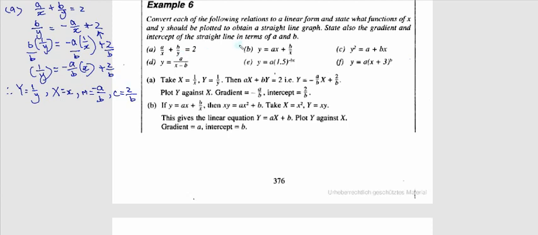Now, let's look at another one, b. Y equal to ax plus b over x. Okay, now you look at this equation. Do you have a term that is constant?